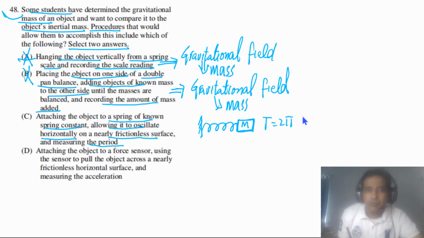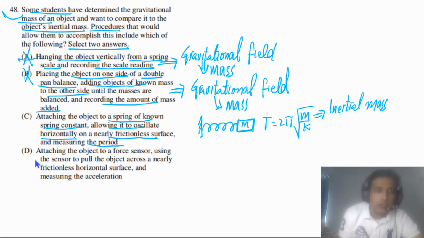Time period T will be equal to 2 pi square root of m over k. So if we have time period and if we have the k, we can find the inertial mass. So this option is correct. Now if you look at option D, so this one is correct.